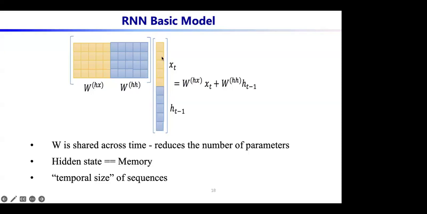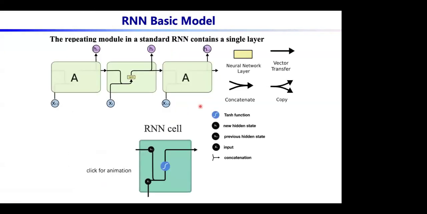So we have the current information, we have the historical information, and there is this kind of matrix operation to consider the weights, so that we can cover the weights of both.